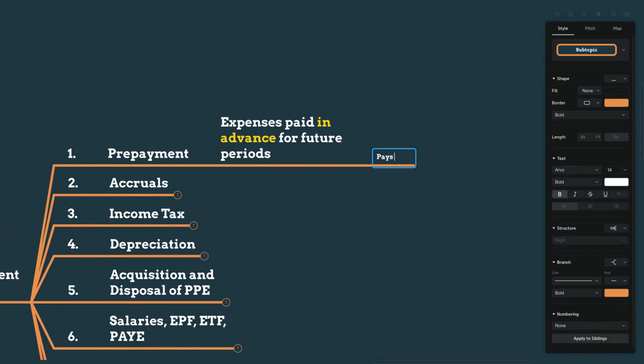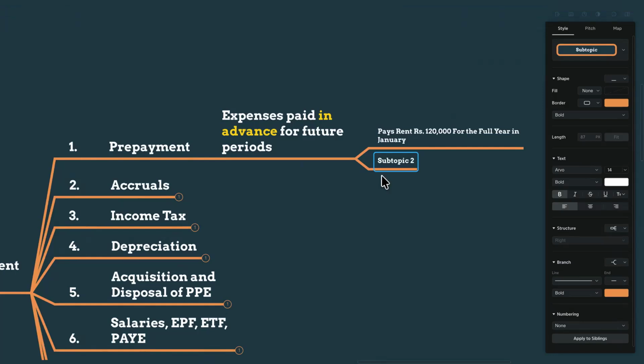You pay rent, let's say rupees 120,000 for the full year, right? But you paid the full year in January. So January to December, you paid the 120,000 in January.